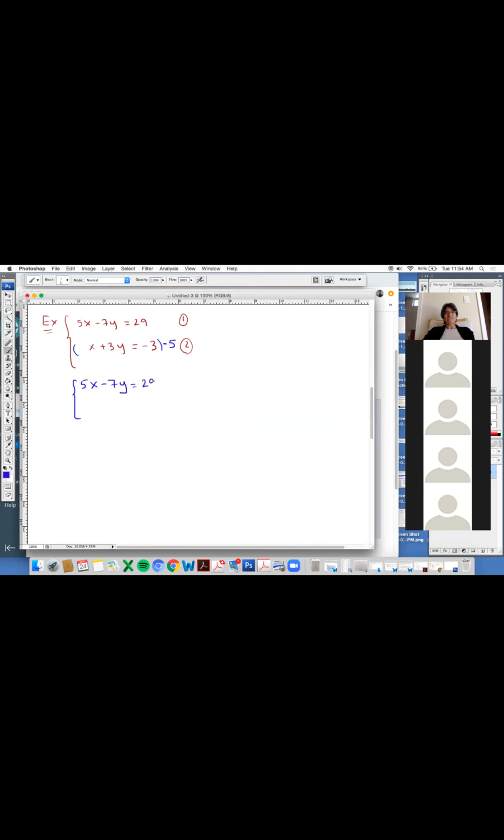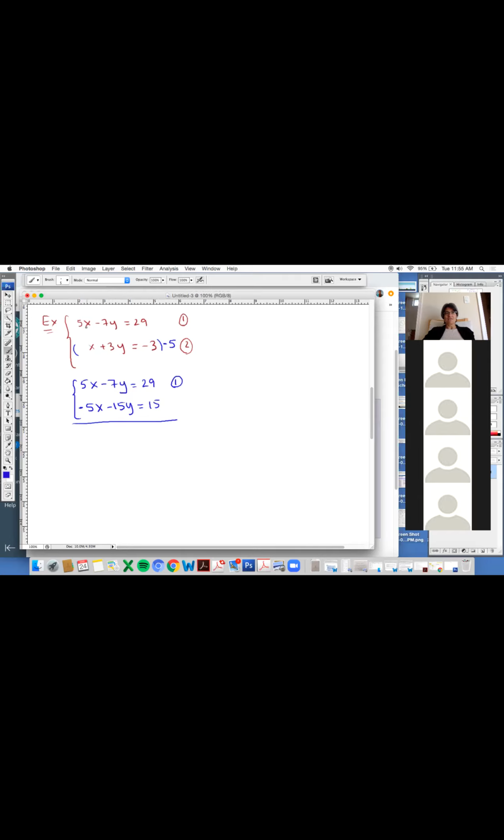So first equation, we just rewrite. Second equation, everything gets multiplied by -5. So -5x minus 15y is 15. Maybe now it would make sense why I multiply by -5, right? Because the next step is to add these in columns.